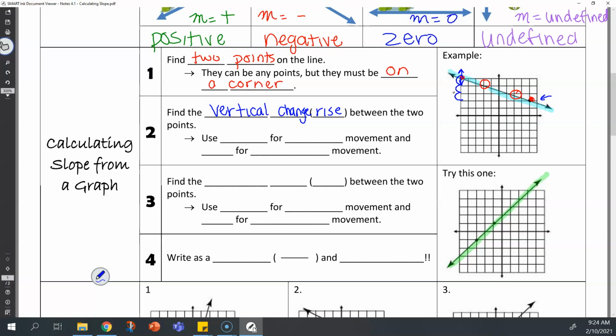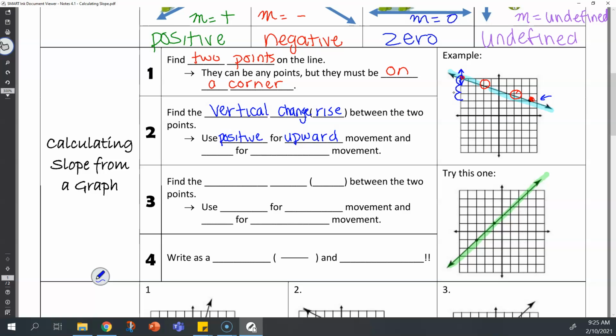Okay, when we're talking about slope, we're going to use positives and negatives to show motion and direction. So if I am going to go up, I want to use a positive number to show upward movement. In my first example, I didn't go up, I went down.